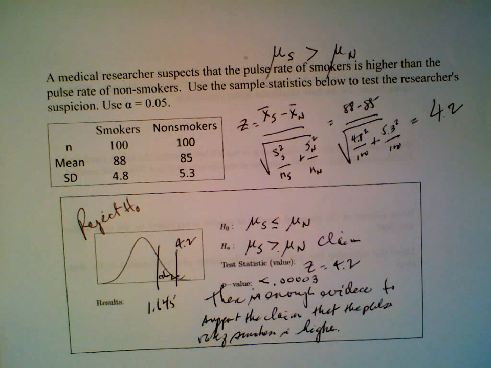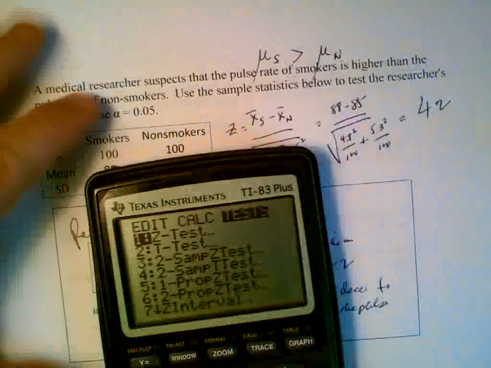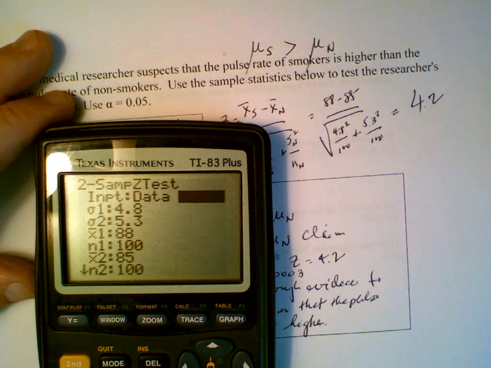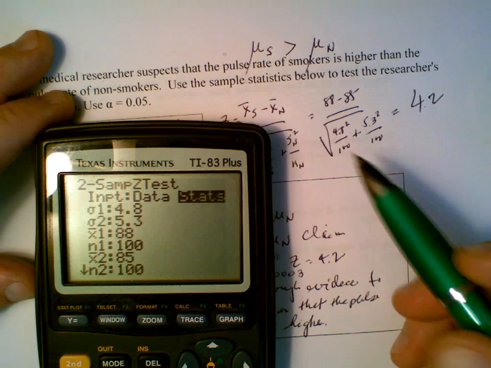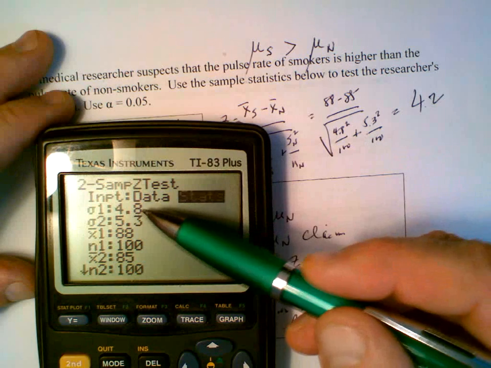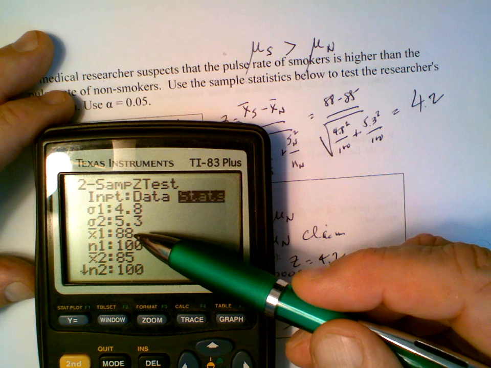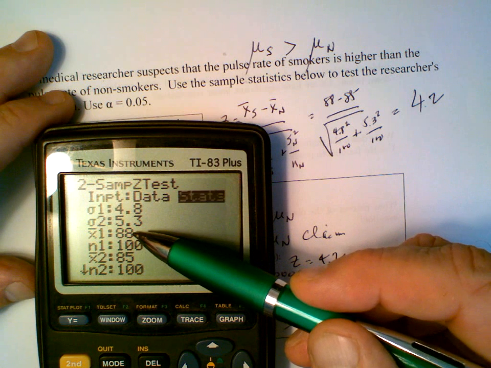Okay, let's try it now. Stat, tests. This is a 2-samp z-test. That's 3. The numbers are already in there. Sigma 1 is 4.8. Sigma 2 is 5.3. The pulse rate of the smokers is 88.